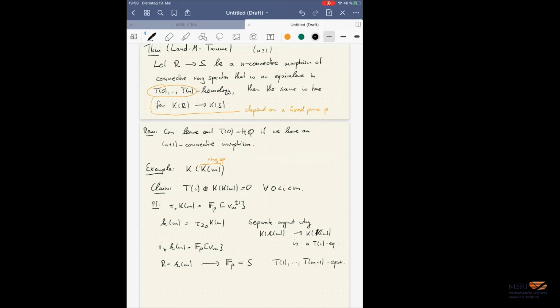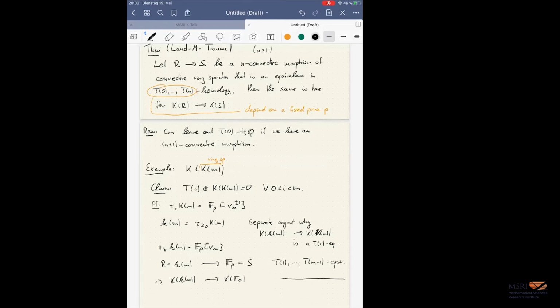And then one can also show that this map is as connective as necessary. So we get that this is a T_1 to T_{m-1} equivalence.